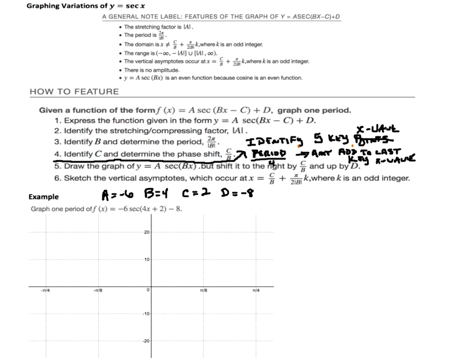Now, that d value, in my opinion, is the easiest and the first thing that I usually go for when I'm graphing these transformed functions. Remember, the d value tells us how far up or down we have shifted. So what we have here is a d value of -8. That's going to be our new midline.